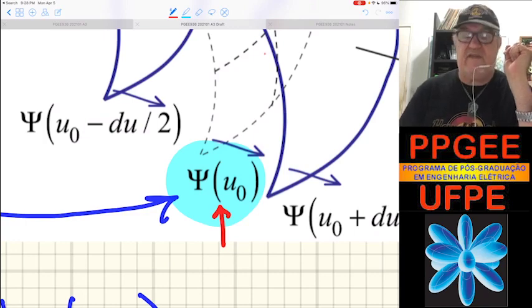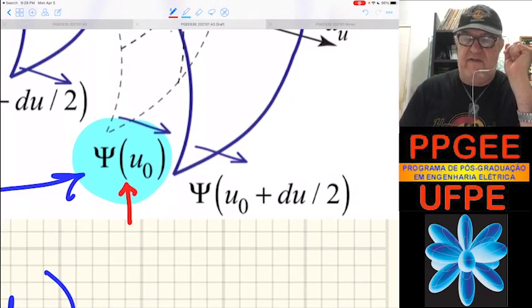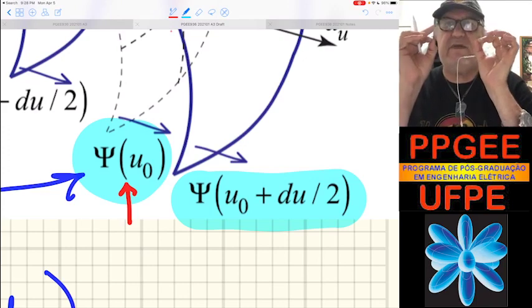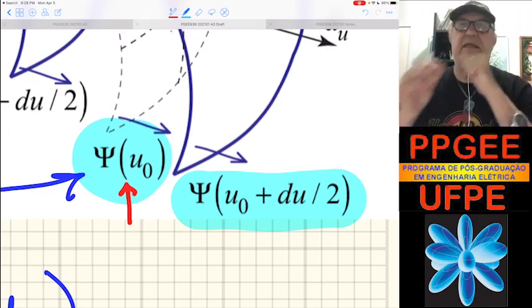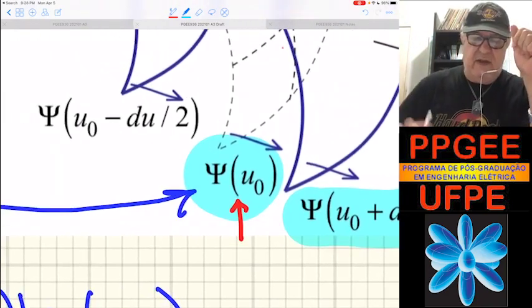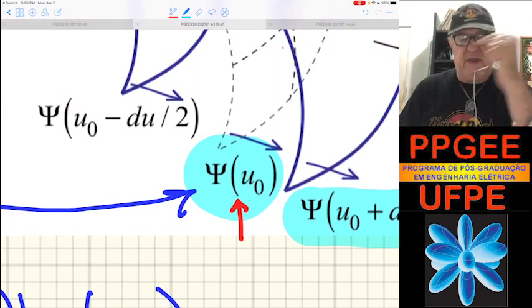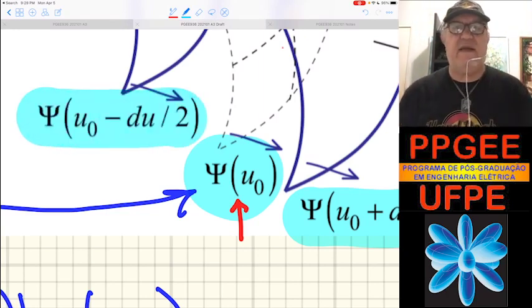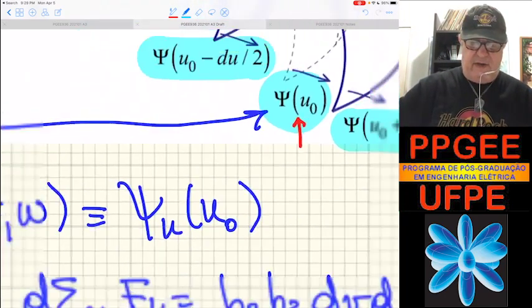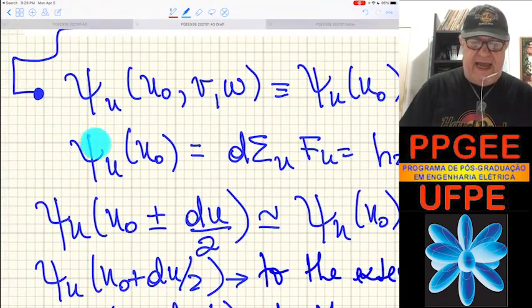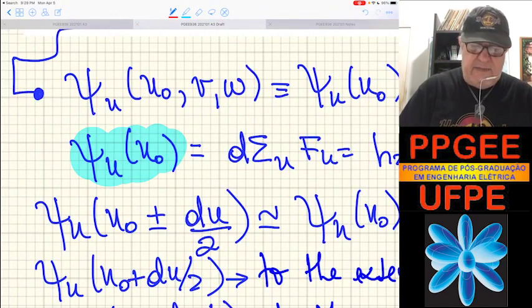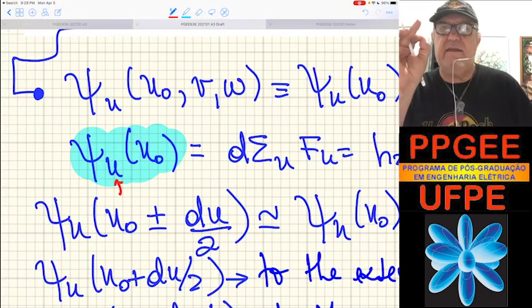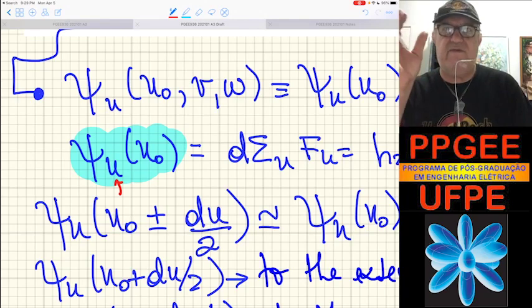So once calculated this flux, the flux across the front surface is going to be psi of u0 plus du over 2, right? On the back surface, toward increasing u is going to be psi of u0 minus du over 2, right? So let's do that calculation. So across the intermediate surface, psi, this subscript here means the flux corresponding to the u equals constant surface.